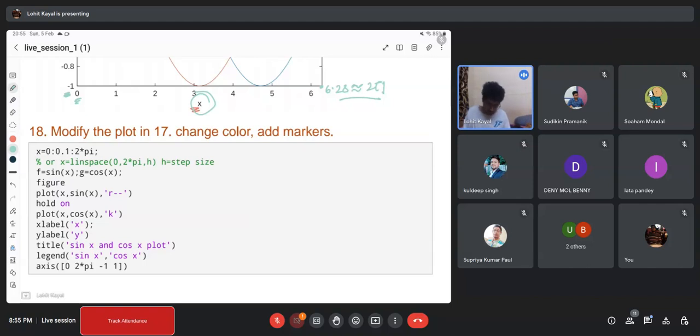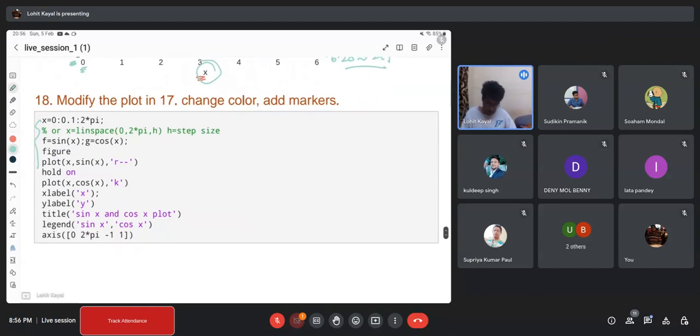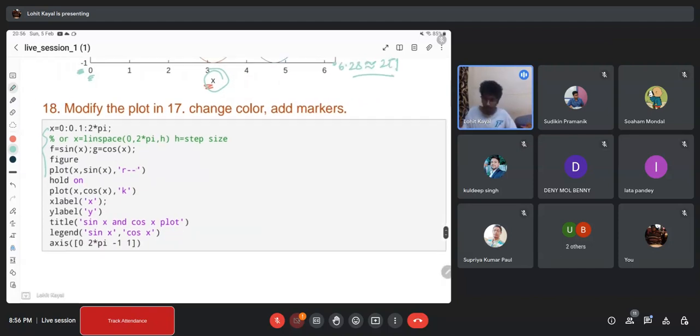So again the same thing. I'm not going over the same thing. But now see here, I have specified a color, and dash dash indicates the line style.